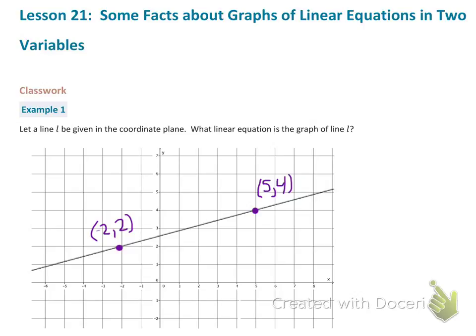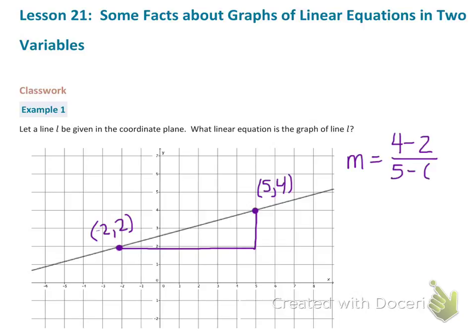I can find the slope a couple different ways. I'm going to think of slope as the difference in the y-coordinates, which should be this distance right here. So the difference in the y-coordinates would be 4 minus 2, and then the difference in the x-coordinates is right here, 5 minus -2.